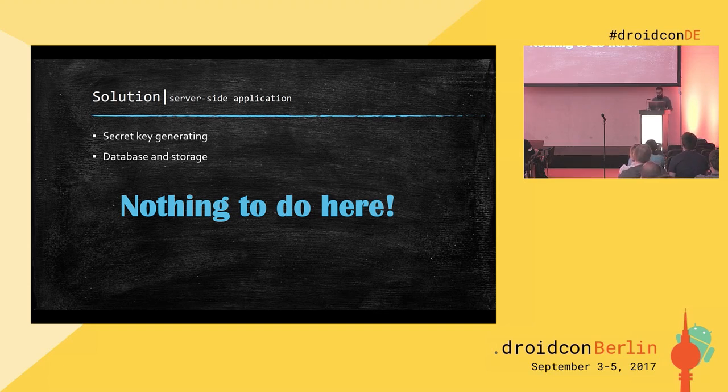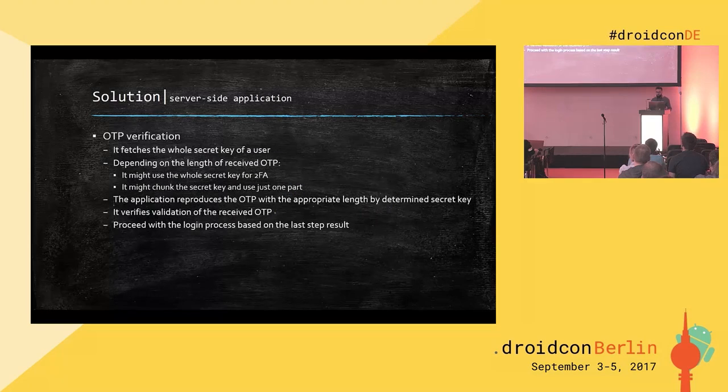But when you receive your OTP, the server-side application first needs to check the length of the received OTP. Why? Because it needs to determine which type of authentication is being used. So, based on the length of the OTP, the server-side application, normally and the same as in the past, retrieves the secret key from the database for the user.